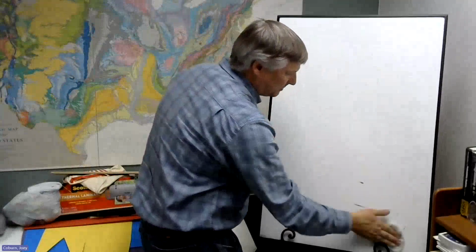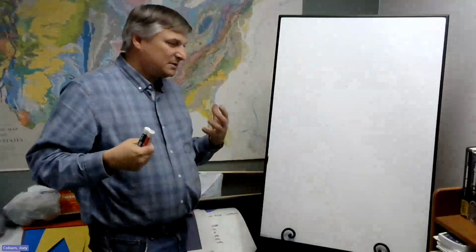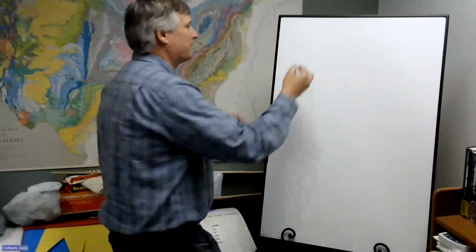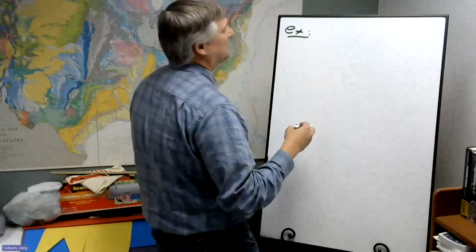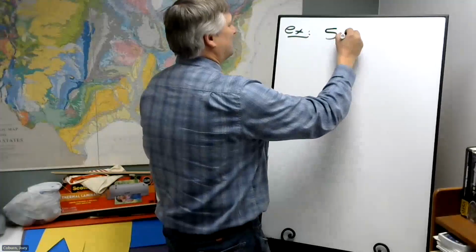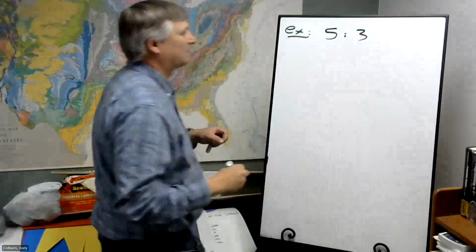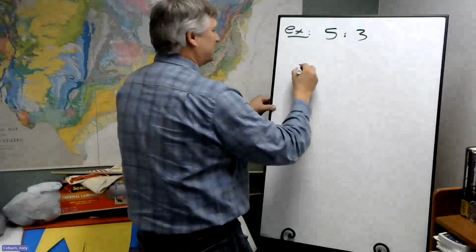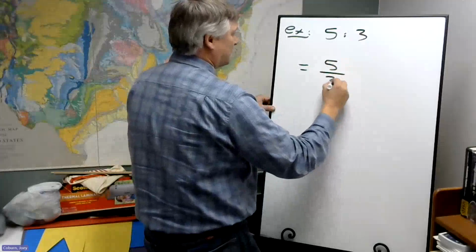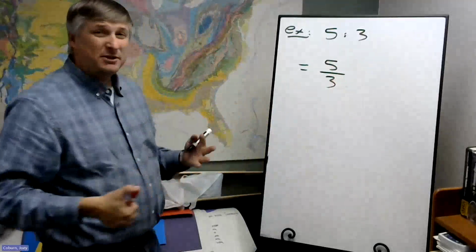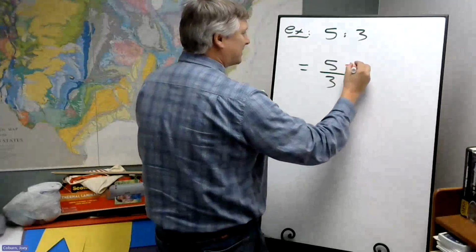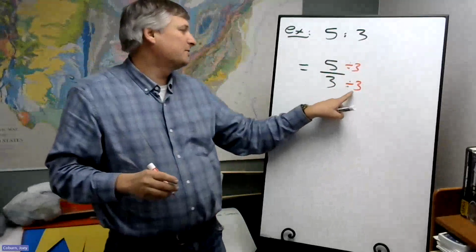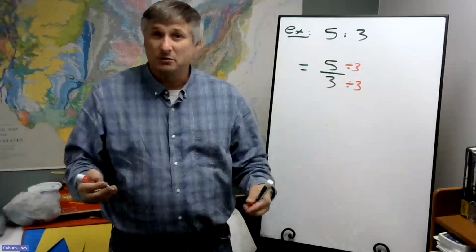And sometimes when you do this, this is going to be similar to unit rates. So for example, let's say we have a ratio of, let's say, 5 to 3. We could say this is 5/3. Let's make it a unit ratio. So divide top and bottom by 3, only because 3 divided by 3 is 1, like a unit rate.